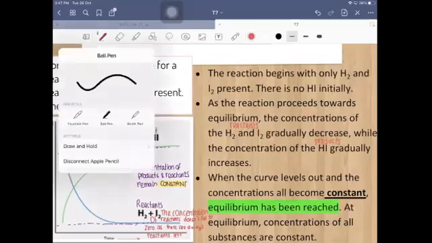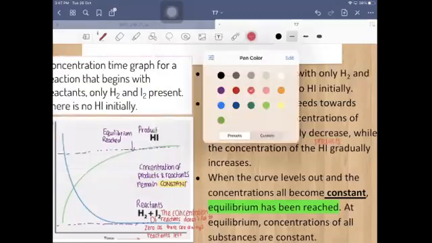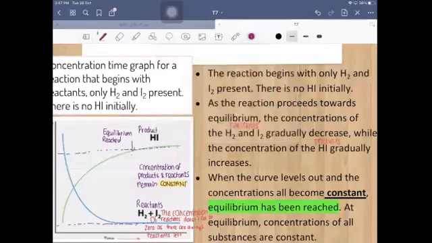Now, I forgot to mention that if equilibrium has been reached for the products, that means it must also have been reached by the reactants at the same time, because we are looking at the vertical line. That's where your X is. So it's not correct to say product has reached equilibrium, but reactants haven't. Both of them must reach the equilibrium stage at the same time at a certain concentration.